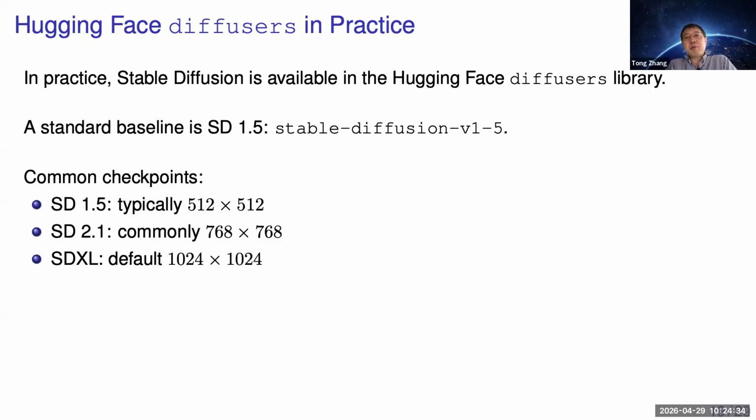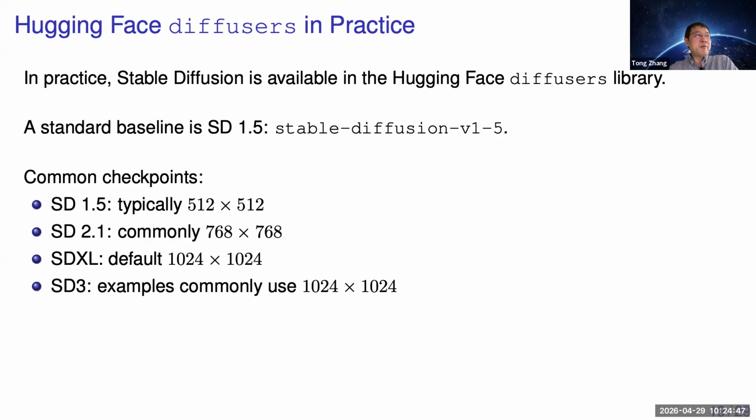It's a little bit too much computation for us, and the pipeline is slightly different from SD 1.5, so we focus on SD 1.5. Stable Diffusion 3 is more recent and has different resolutions, but typically you work at a high resolution of 1024 by 1024.